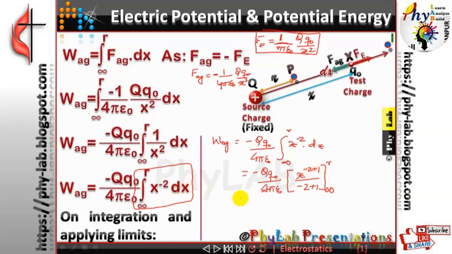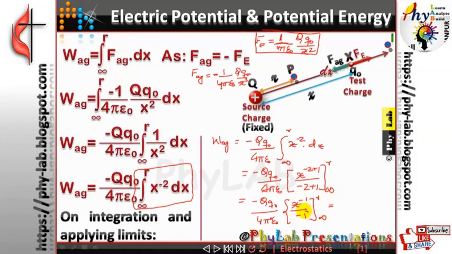Let's solve it out once again. So this becomes minus Q naught upon 4 pi epsilon naught. X to the power of minus 2 will give x to the power of minus 2 plus 1, which is x to the power of minus 1, upon minus 2 plus 1, only minus 1, and limits of integration are infinity to r.